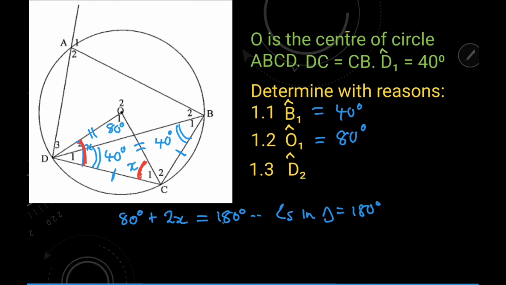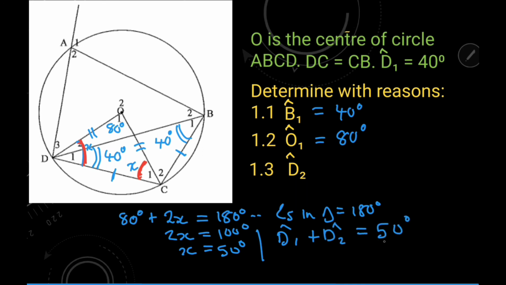Subtract 80 from both sides, we get 2x equals 100 degrees, x equals 50 degrees. So angle C1 is 50 degrees, D1 plus D2 is also 50 degrees. Okay, so now I can simply say D1 plus D2 is equal to 50 degrees. We already know D1 is 40 degrees, so D2 must be what? 10 degrees.